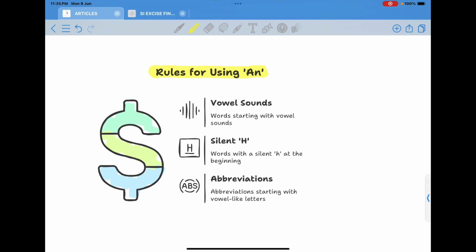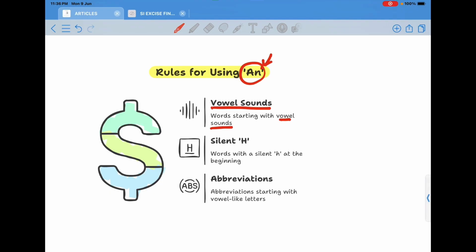Rules for using an, means when you will use article an, right? How to use an? There are mainly 3 specific grounds where you should use an. Number 1 ground is vowel sounds. So when you will use an, there are some words starting with vowel sound.